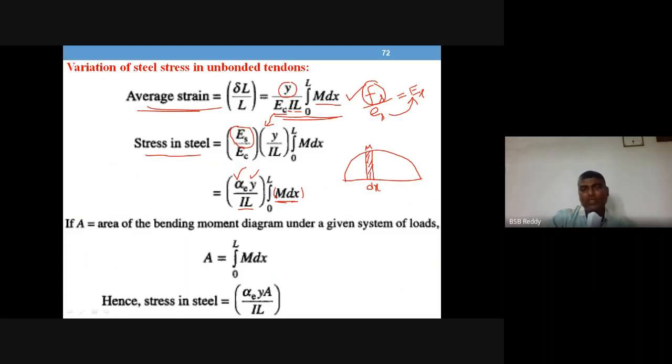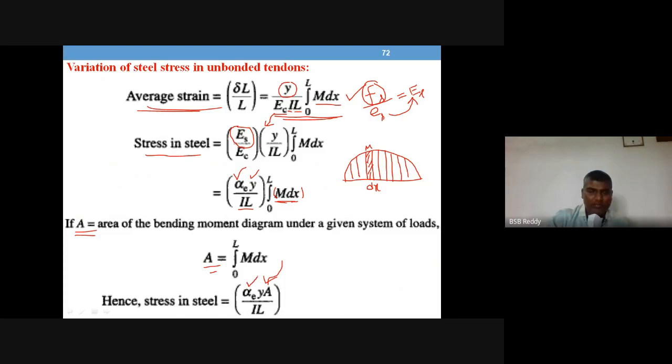If you take all such strips of dx lengths from 0 to L, it is nothing but integration. So what you get is the total area of BMD. That is capital A, area of BMD.